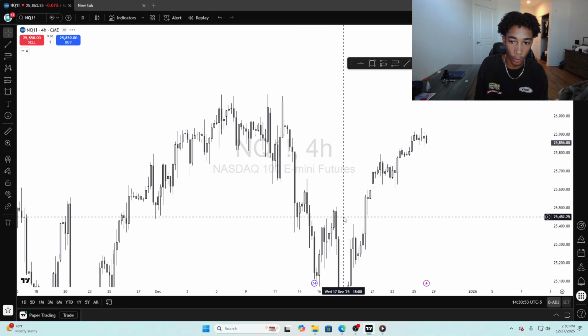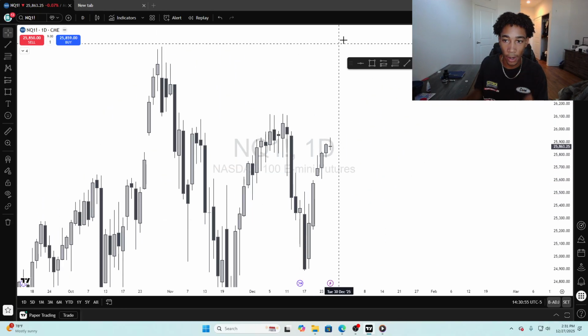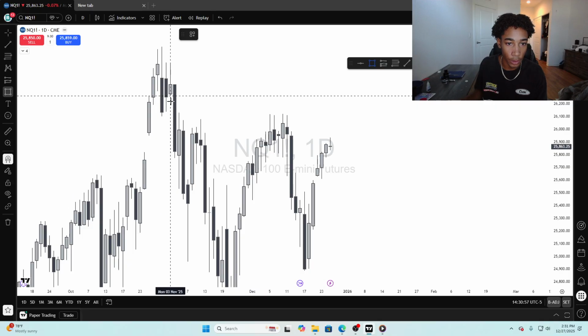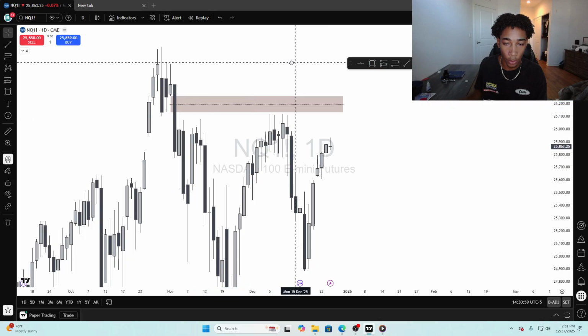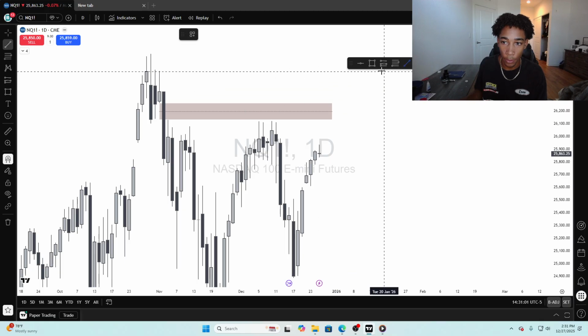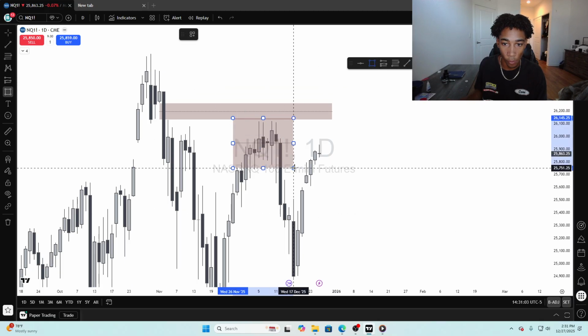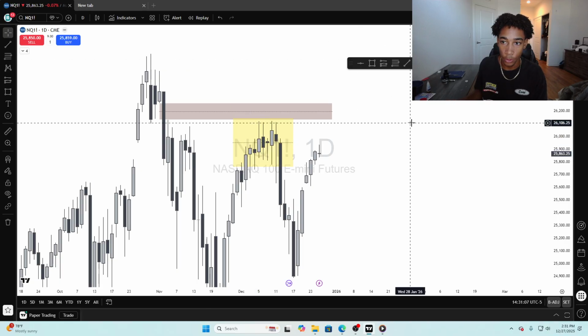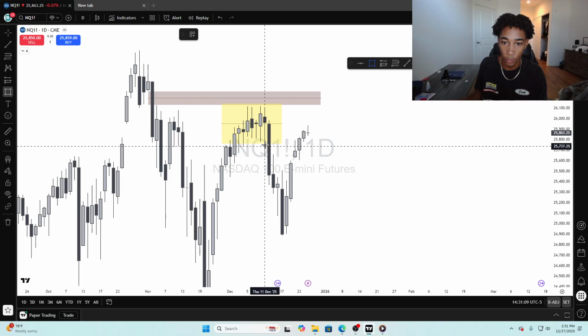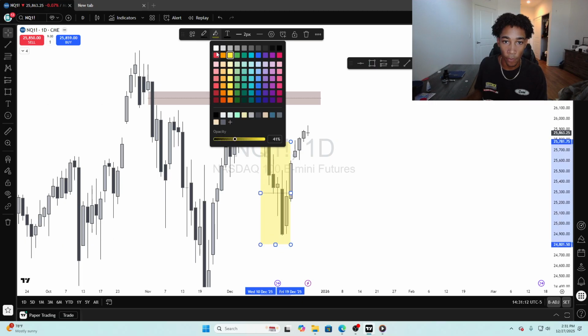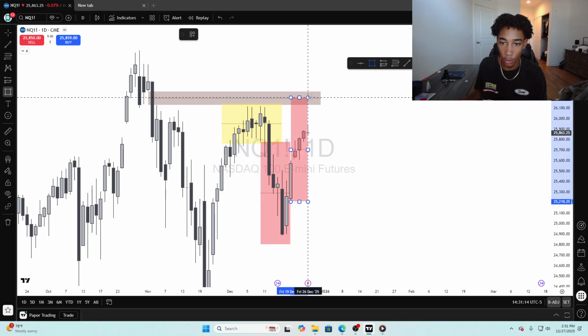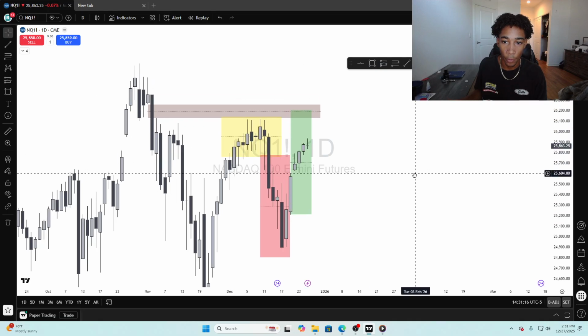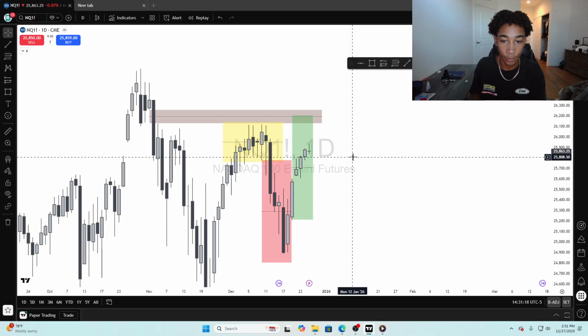So on the daily time frame, we have this bearish gap on the daily. We are chopping right here, creating failure swings. This is your accumulation, your manipulation, and your distribution on the daily time frame.